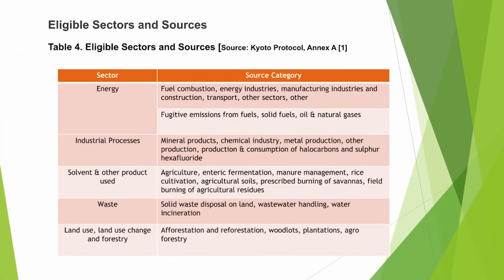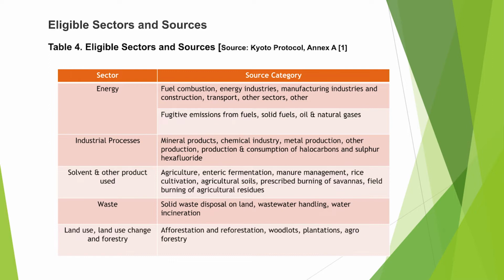Now in this table you can see the eligible sectors and their sources. If you talk about energy, the source category is fuel combustion, energy industries, manufacturing industries, construction, transport, other sectors and many more. For industrial processes, the sources are mineral products, chemical industry, metal production, other production, and production and consumption of halocarbons and sulfur hexafluoride.